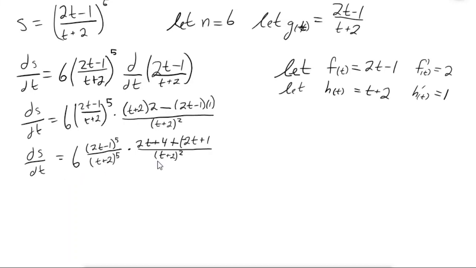Well, how convenient. Our bottoms are exactly the same. And I bet if I fool around with the top, we're going to get something similar as well. So let me just switch to a red pen so we can do some cancellations here.